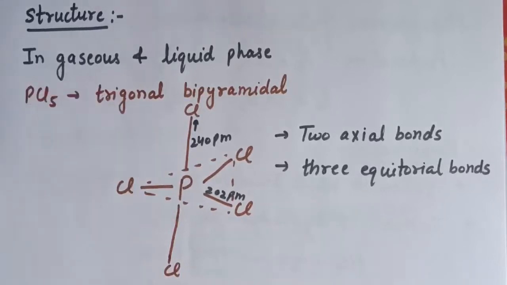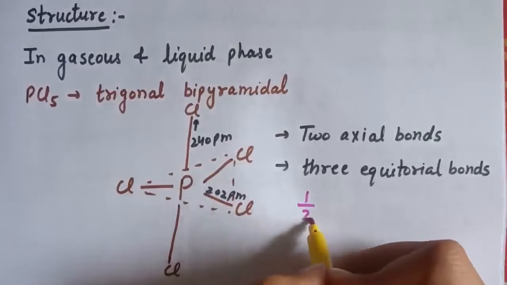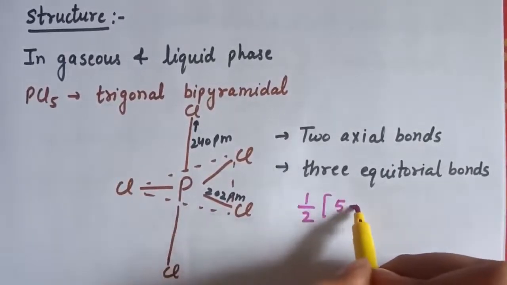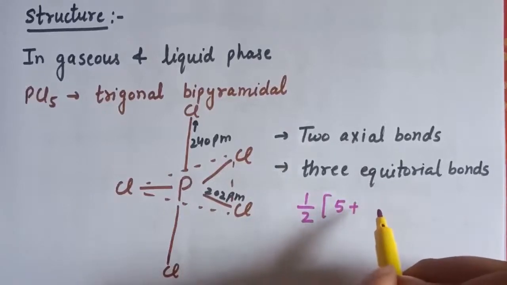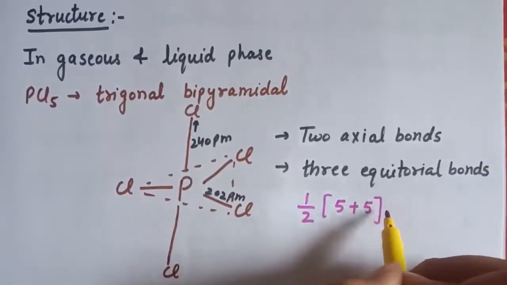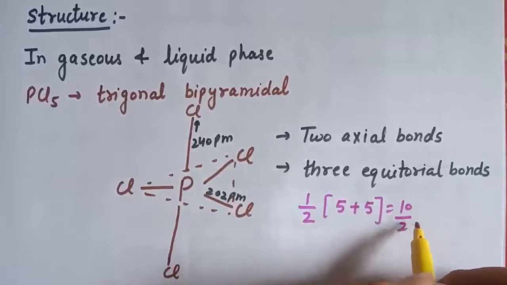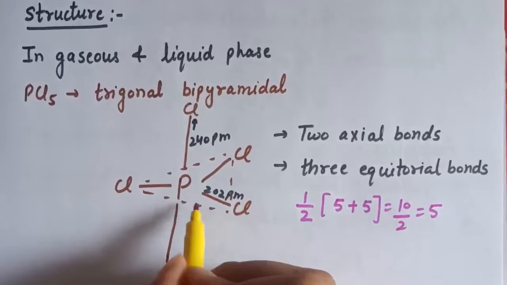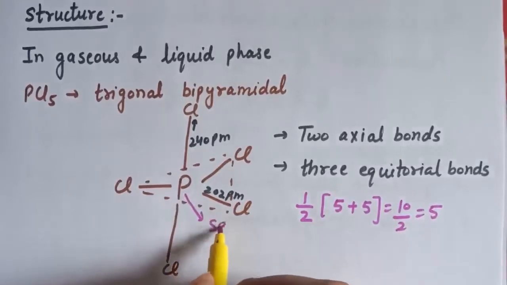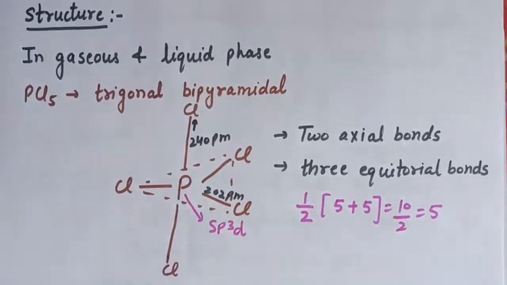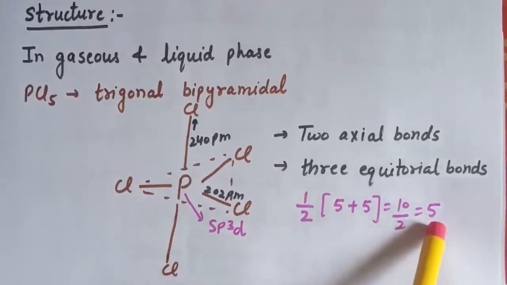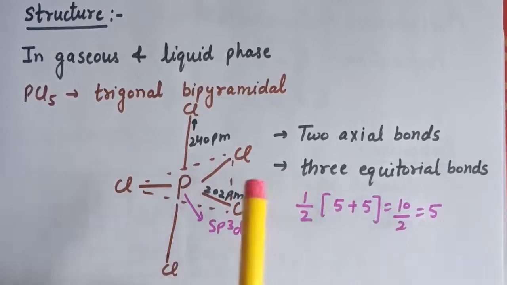So the value comes out to be half of the number of valence electrons in the central atom, that is 5, plus the number of monovalent bonds, that is 5. So here we are getting the steric number 5, and for 5 the hybridization of phosphorus is sp3d, and when we have 5 bond pairs and the steric number is 5, then the geometry is trigonal bipyramidal.